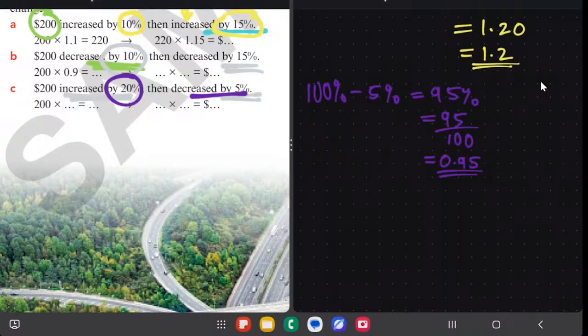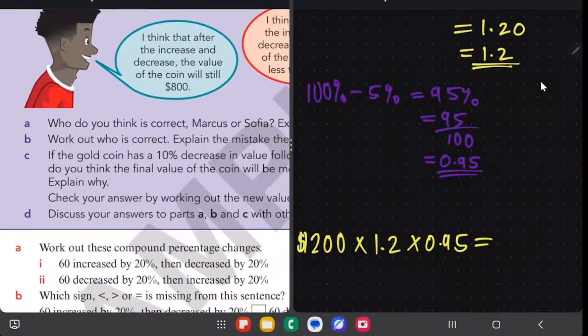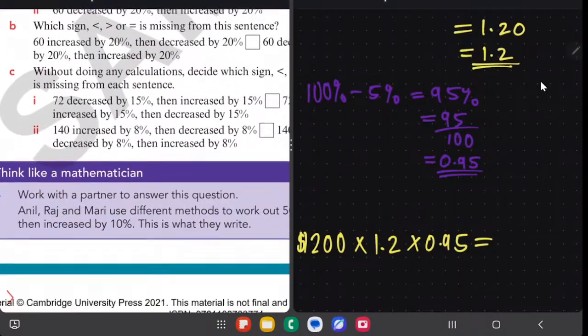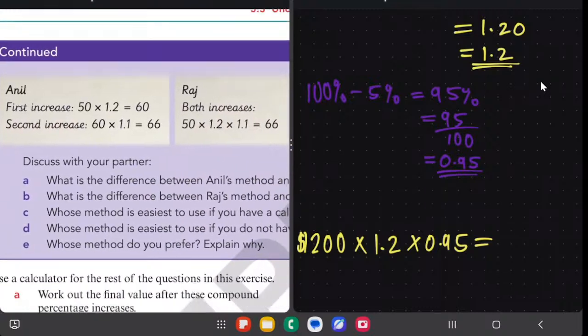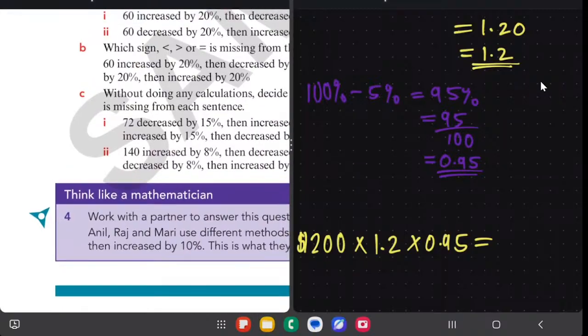Right. So this is 0.95. So we start at 200. You say 200, you multiply by 1.2, then you multiply by 0.95. What is the answer for this one? How much do we have now in dollars after this? Okay.